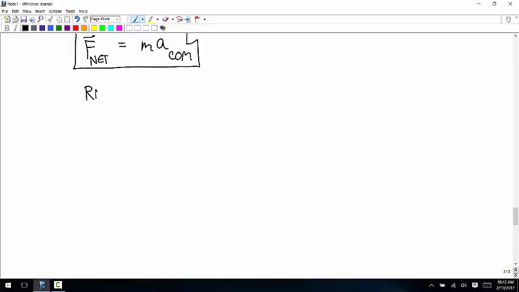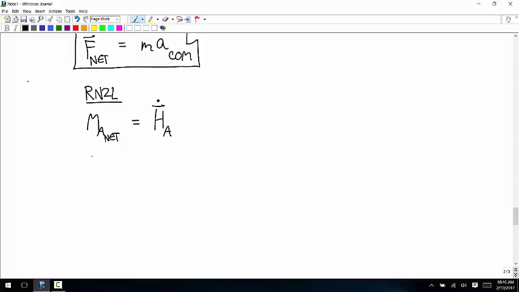And the rotational version of Newton's second law says the net moment, I'll call it the moment about A net, is equal to the time derivative of the angular momentum about A.